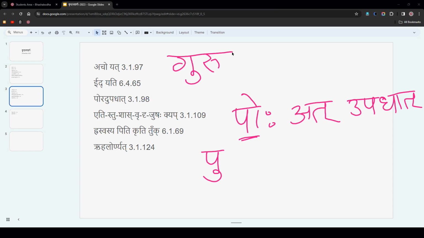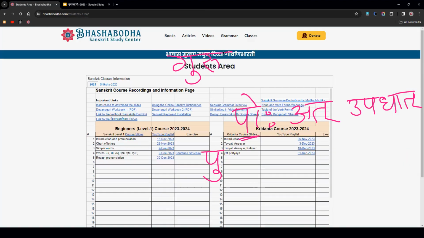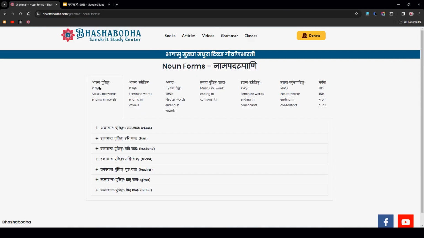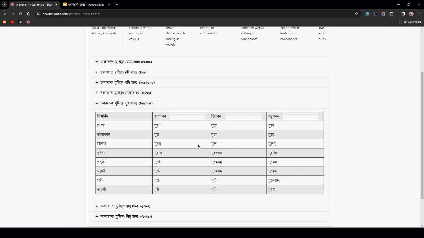You can look up, refer to any book or any website if you have. Everything is available here, right? For example, if you go to grammar, Ajanta Pullinga, there is Guru Shabda here. So what is the Panchami Vibhakti Ekavachana?